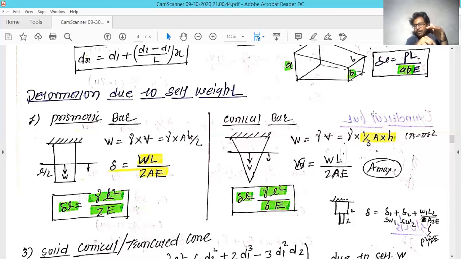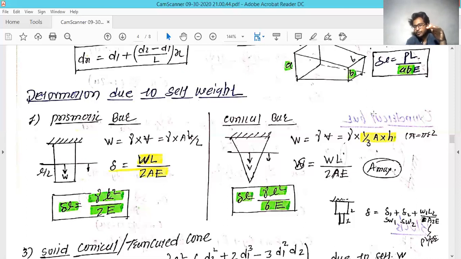So it's nothing but the change in length of the first. We can calculate it with the same formula, that is PL squared by 2AE, rho L squared by 2E. Now the L2 formula is also similar, but due to the other weight. The first cross section gets deformed due to its self weight.